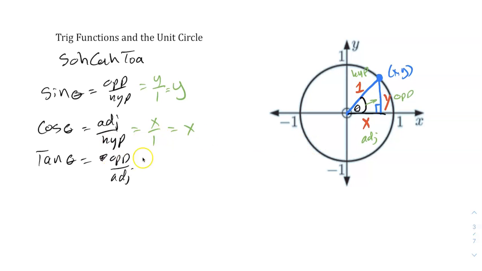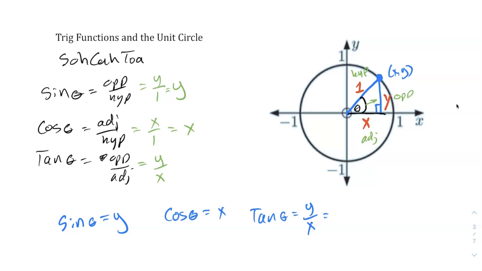And tan is TOA, opposite over adjacent, so y over x. And that comes to our first little thing. When we have a unit circle, if you know the points, sine is always the y value, cosine is the x value, and tan is y over x.